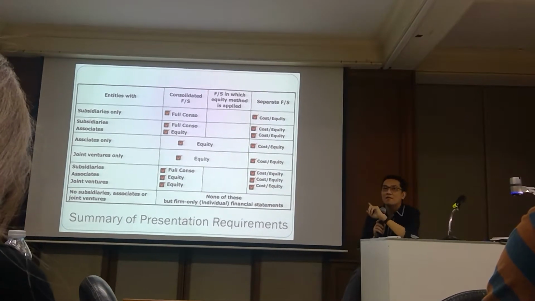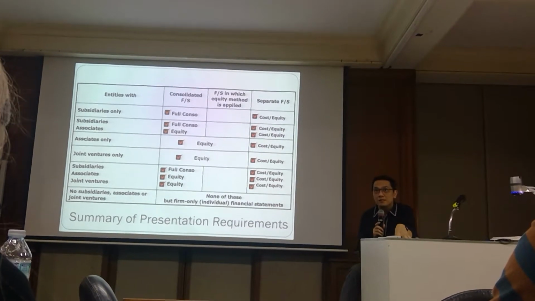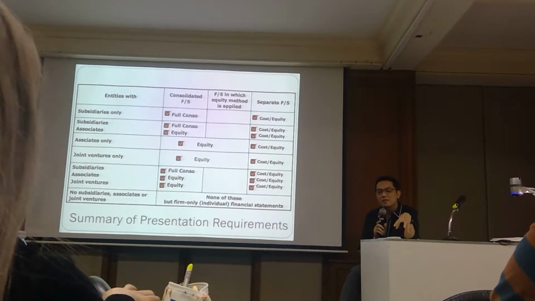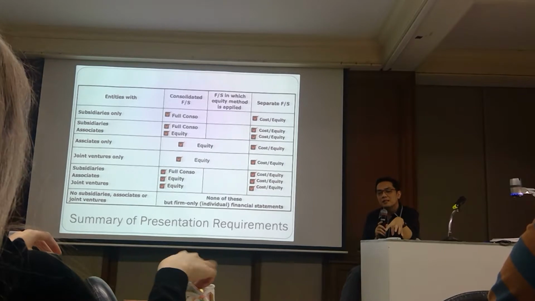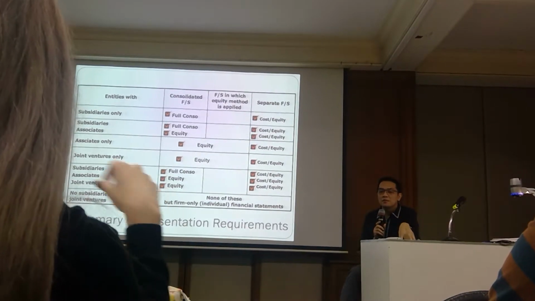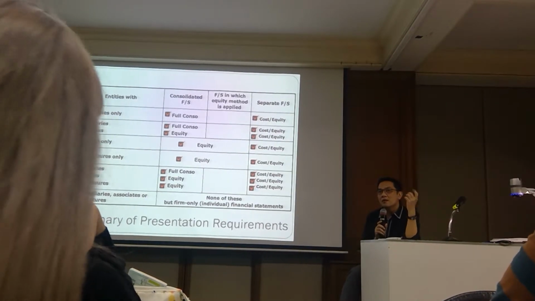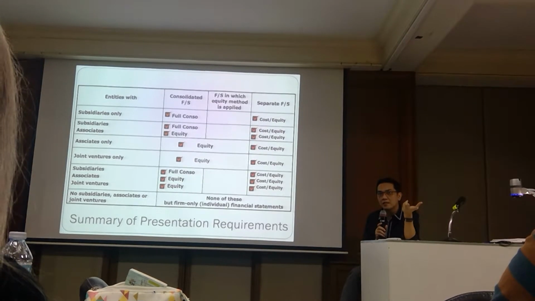If you can recall what we did last week, we're talking about the level of investment, right? When we talk about the level of investment, let's start with when we start to invest in debt security, we start to invest in equity securities, right? When you start to invest in debt security, you classify them as held to maturity securities, trading securities, or available for sale securities.